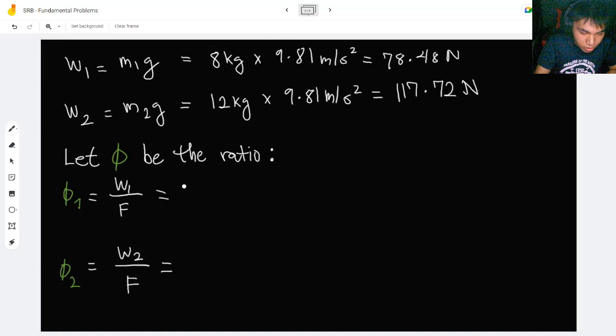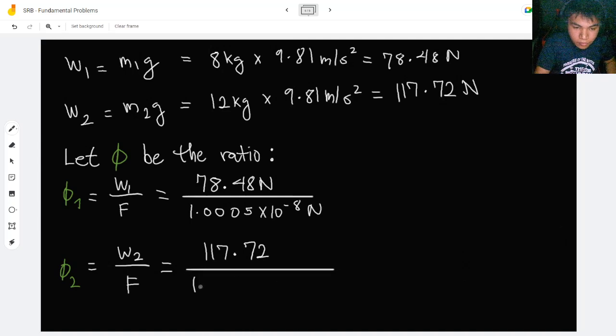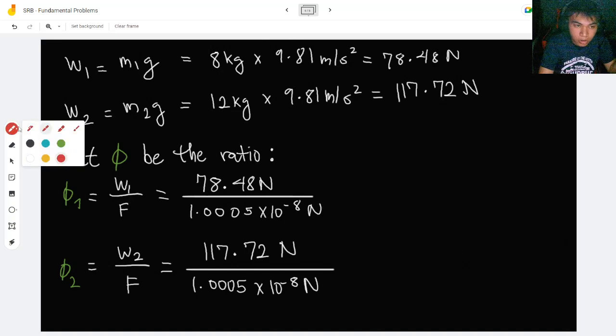So we have 78.48 newtons over 1.0005 times 10 to the negative 8 newtons, and for the second one, the same denominator. Newtons, and we can just cancel the units since we're just getting the ratio.